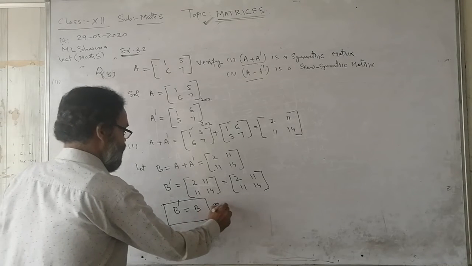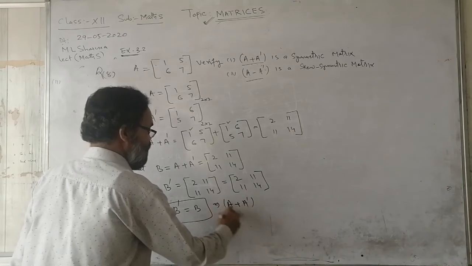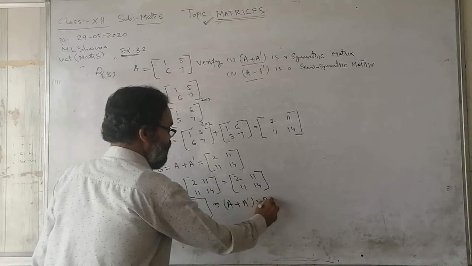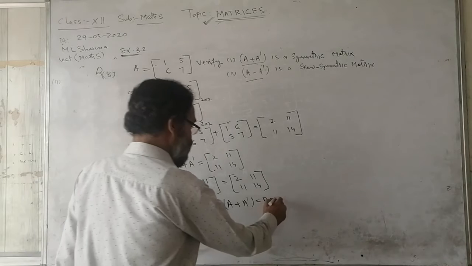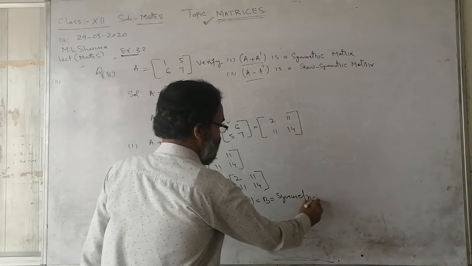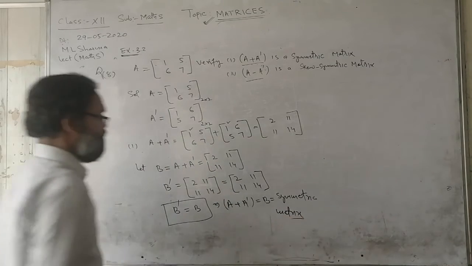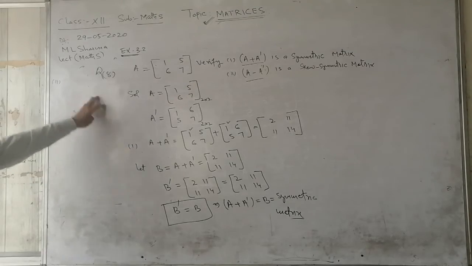This means A plus A transpose, this is equal to B, and this is a symmetric matrix. So part first is proved in this way.